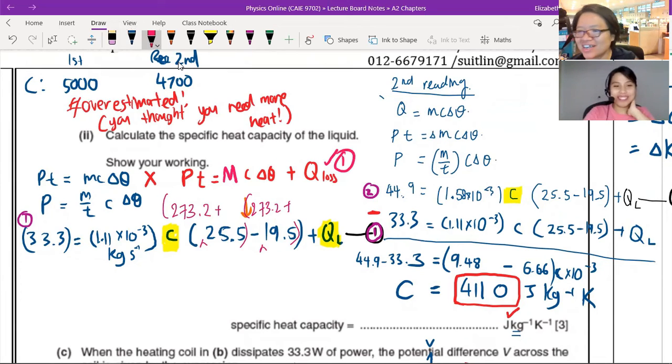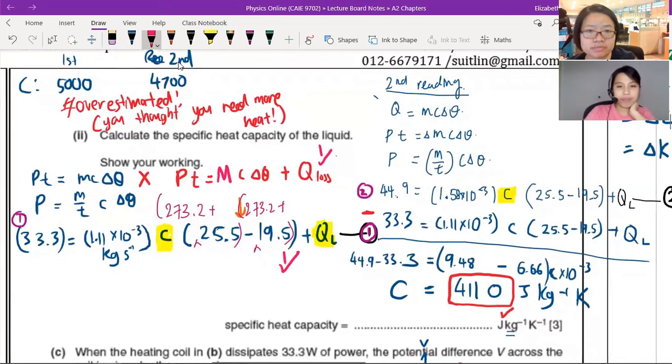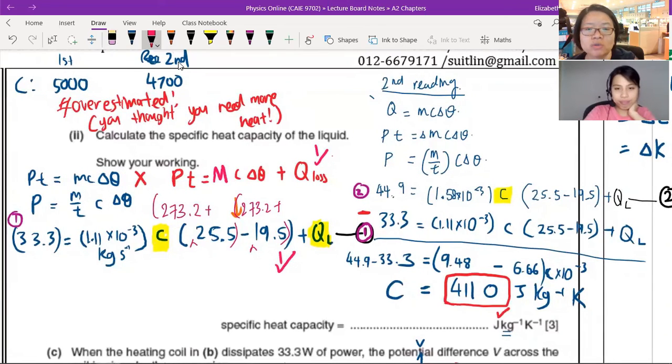Okay, so then you substitute with the values, and either you arrive at equation 1 or equation 2. Together with writing out this equation is 1 mark. So these two things are only 1 mark.